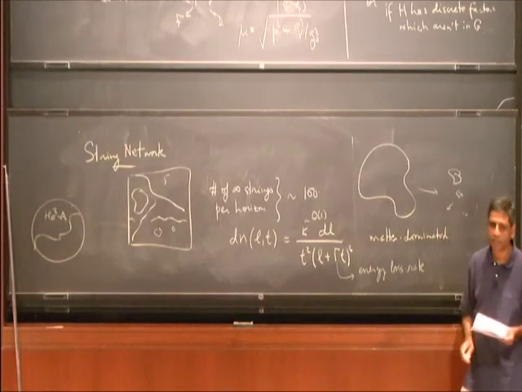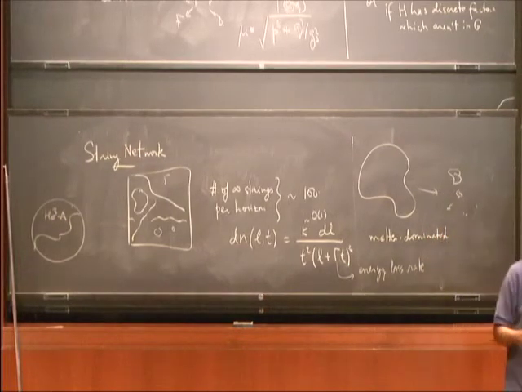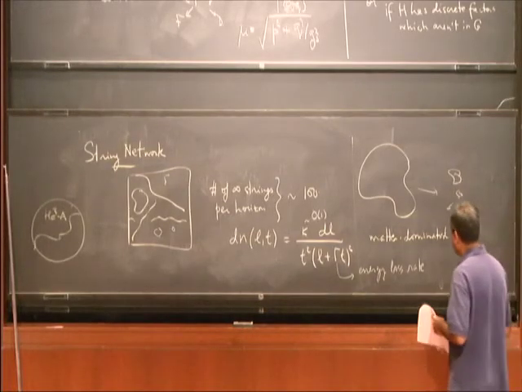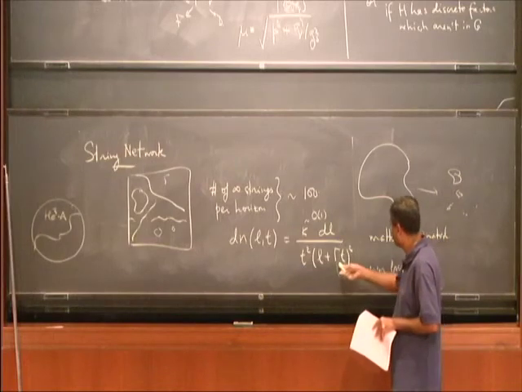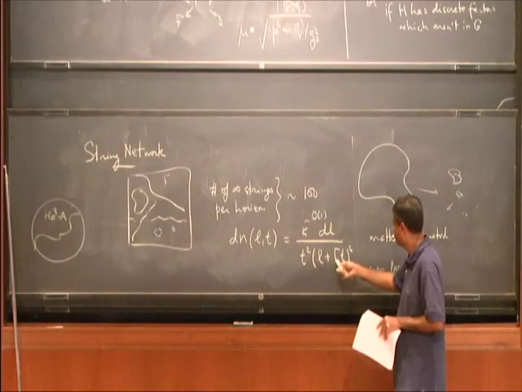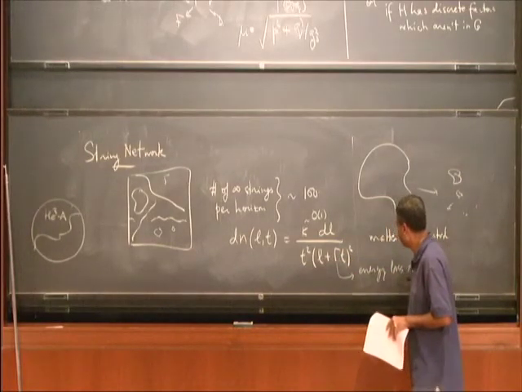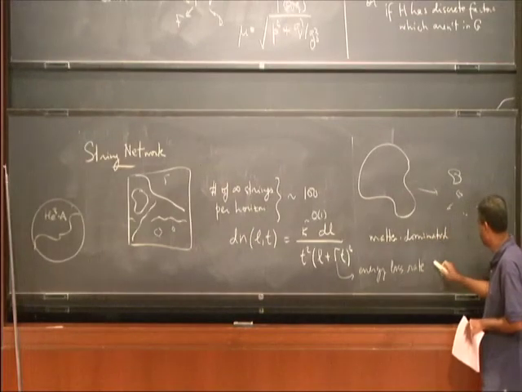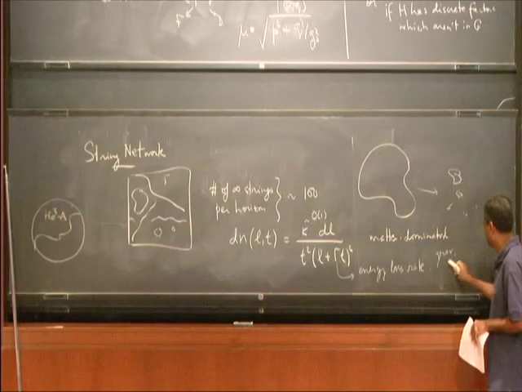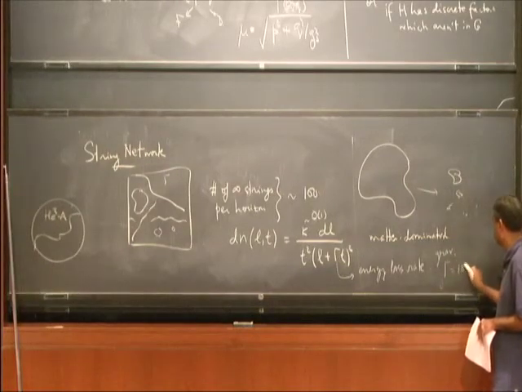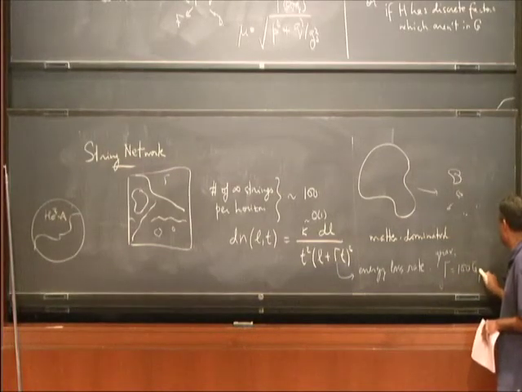Basically what's happening is that loops are shrinking, so their size is changing with time, and you account for that by this factor. For gravitational energy loss, this gamma is something like 100 G mu.